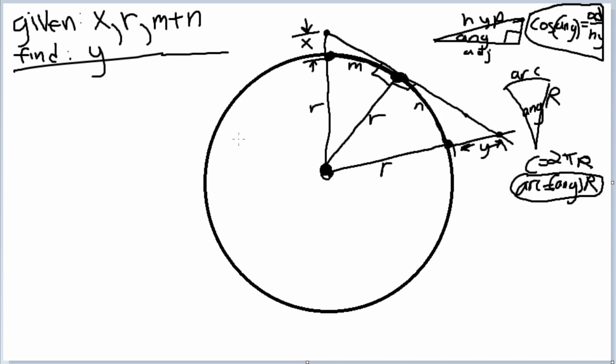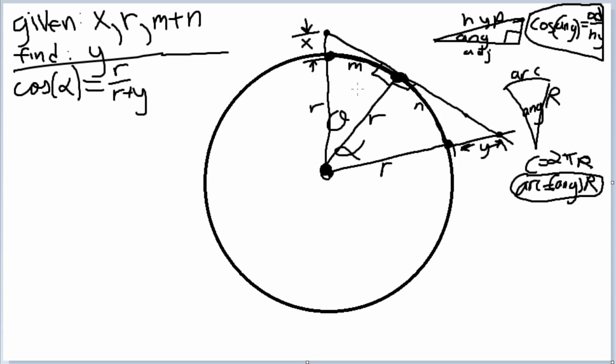So we just start, well, what do we know about y? Let's just call this theta and call this alpha. So now we can use our cosine rule here, cosine of alpha is equal to r over r plus y.